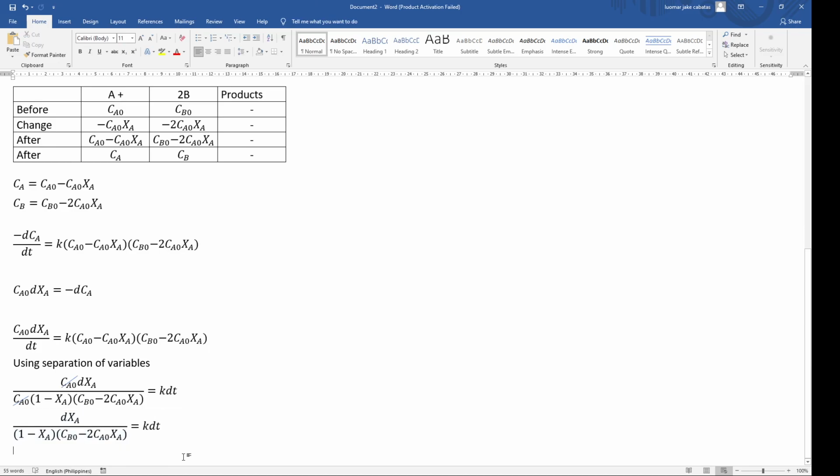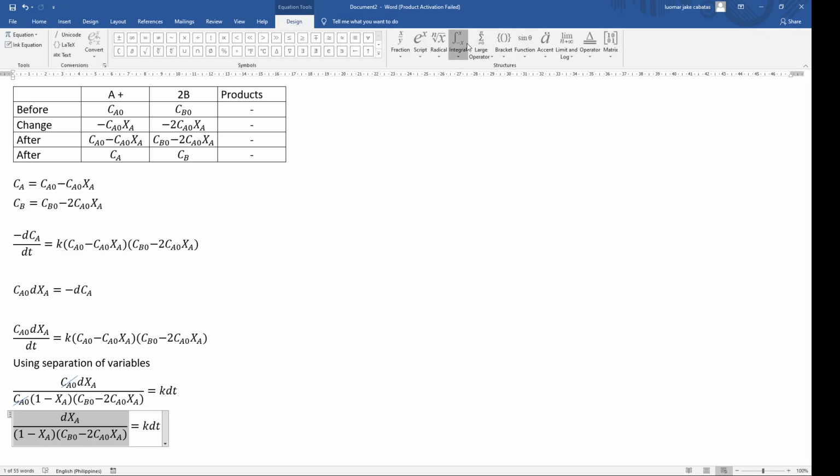this one. So applying integration from 0 to t, so 0 to XA.